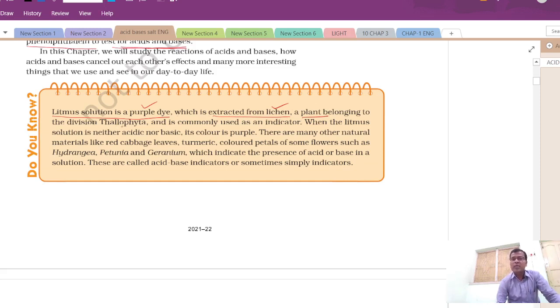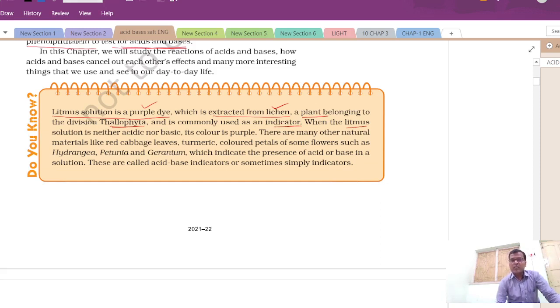You will study in your higher classes about these plants, or in a later chapter of biology, where the classification of plants and animals has been provided. So this belongs to a division of plants called Thallophyta. This is a plant of the Thallophyta division and is commonly used as an indicator.